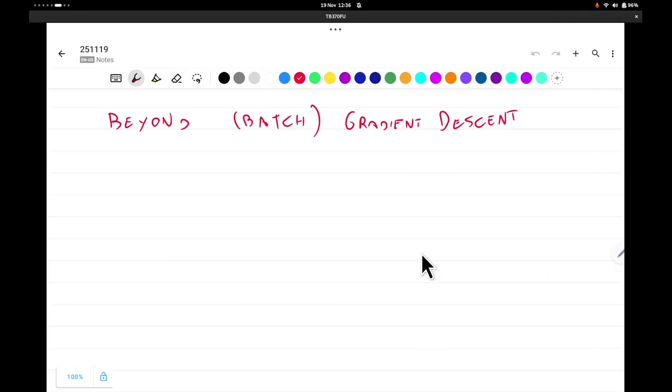And one can show that if you do the update for each data point, you can speed up the gradient descent, because you will update the weights for each next data point. The weights are already updated, right? So you have already used the information from the previous data point.